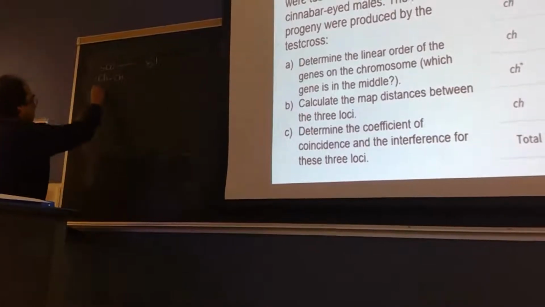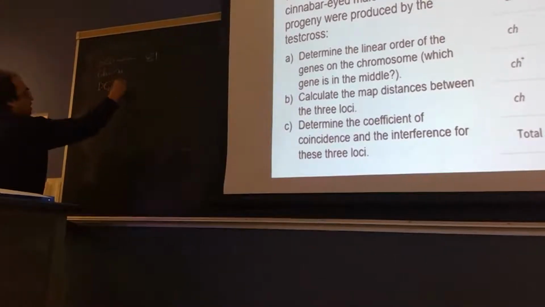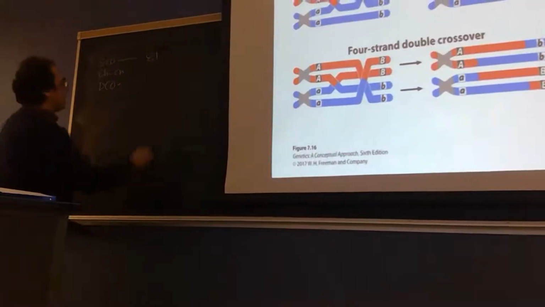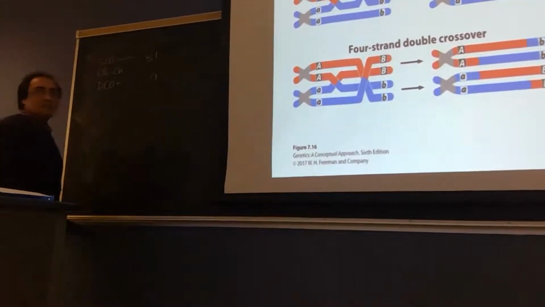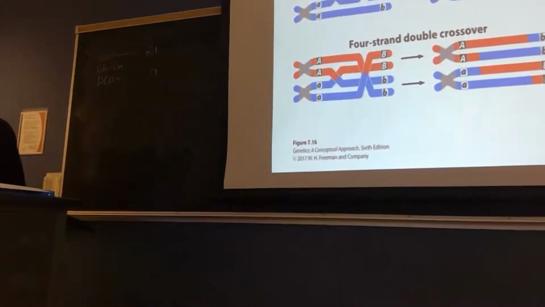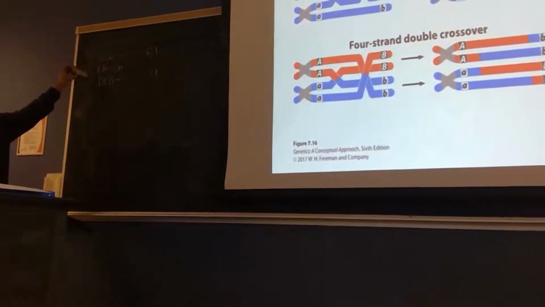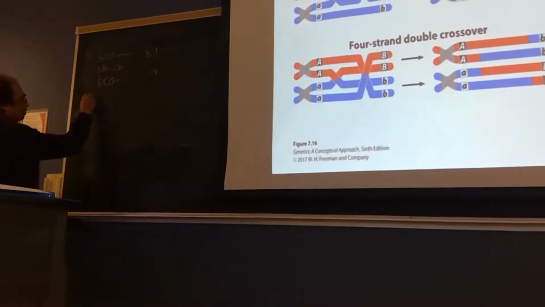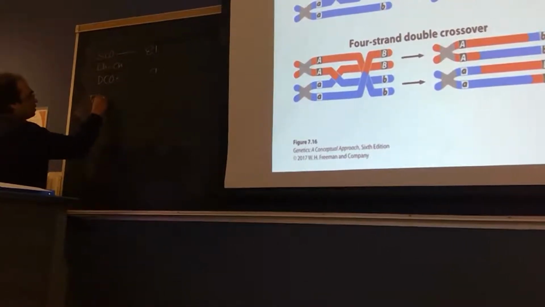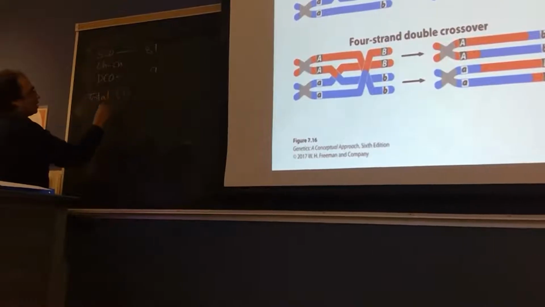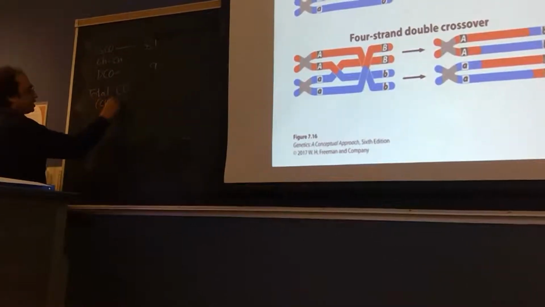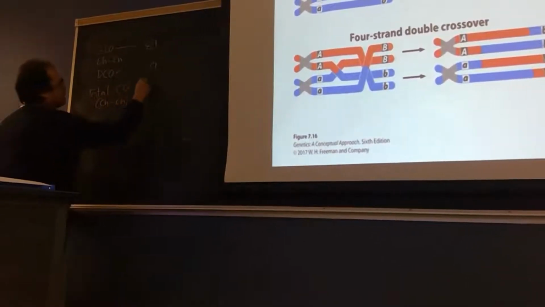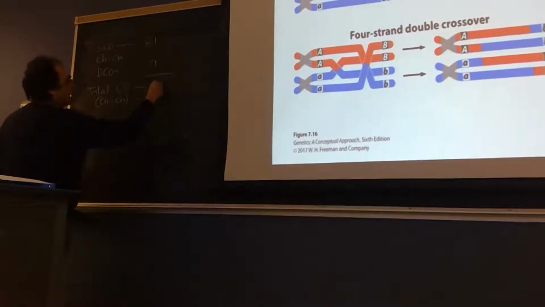And double crossover percentage is how much? 9. Right? Single crossover between these two genes is 81. Double crossover is 9. So total crossover between CH and Cn is equal to this one, 90.